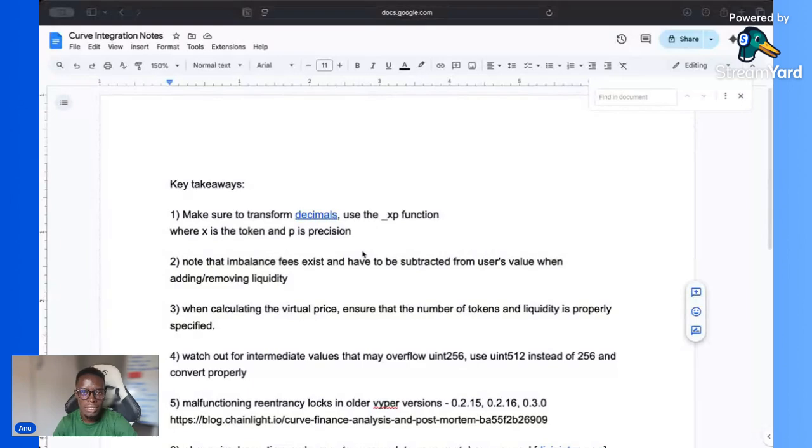When they realized this, they made sure to take flash loans. And from flash loans, they interacted with the affected pools, because these pools were deployed using the earlier versions of Vyper, 0.2.15, 0.2.16, 0.3.0, and it was crazy.